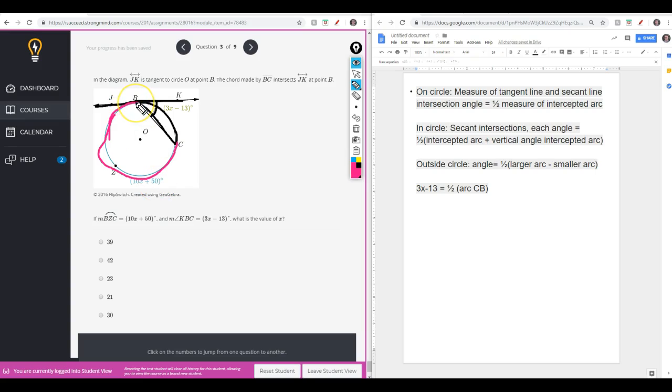Well, we know the relationship between a major arc and a minor arc. We know that they add up to equal 360 degrees. So I'm thinking to myself, okay, well, arc CB then would be 360 subtracting this 10x plus 50. So I know that arc CB is equal to 360 minus arc BZC.